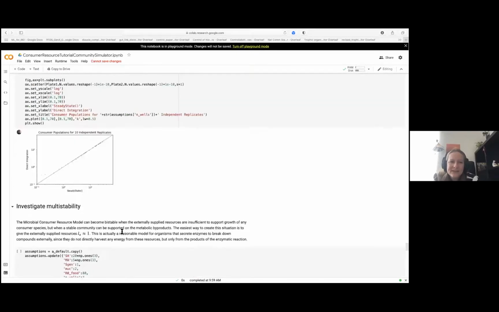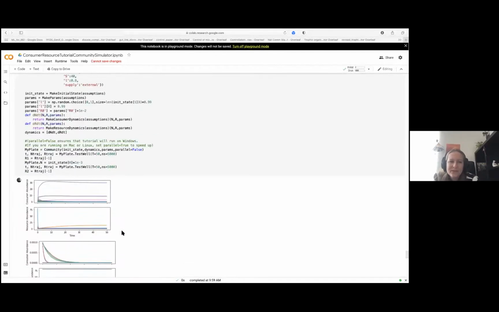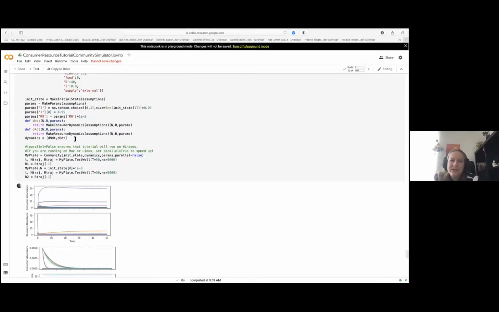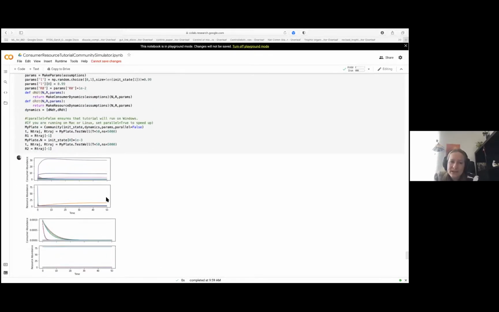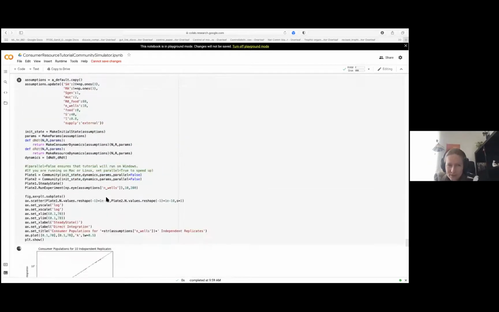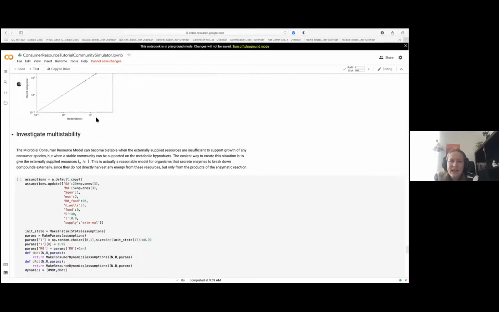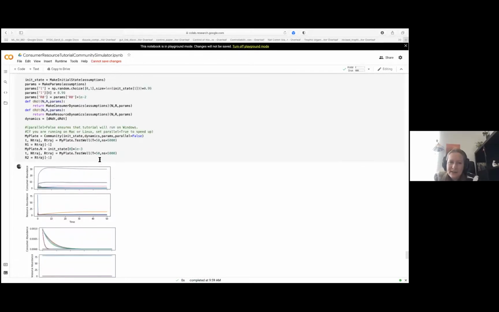Whatever is left in this specific tutorial is just proof that if you really don't want to run this whole dynamic integration of your differential equations and you're just interested in the endpoint, like who survives at what abundances and so on, you don't really need to do this ODE solving. You can just use their optimized expectation maximization algorithms that will find this final state for you.